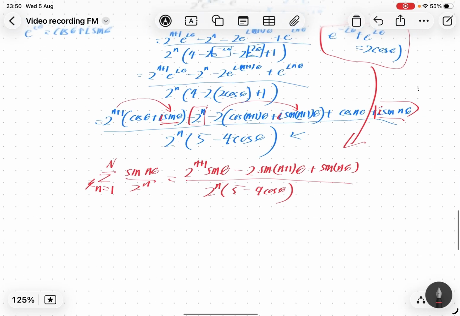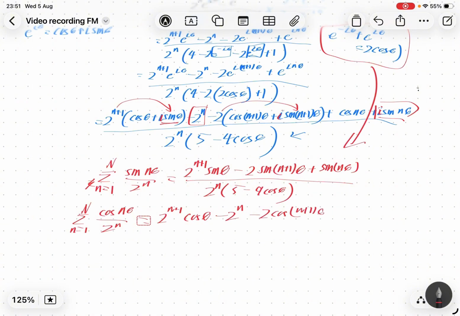So if they want me to find the sum of cos nθ over 2n, the answer will be 2n plus 1 cos θ minus 2n minus 2 cos (n plus 1)θ plus cos nθ over 2n 5 minus 4 cos θ.